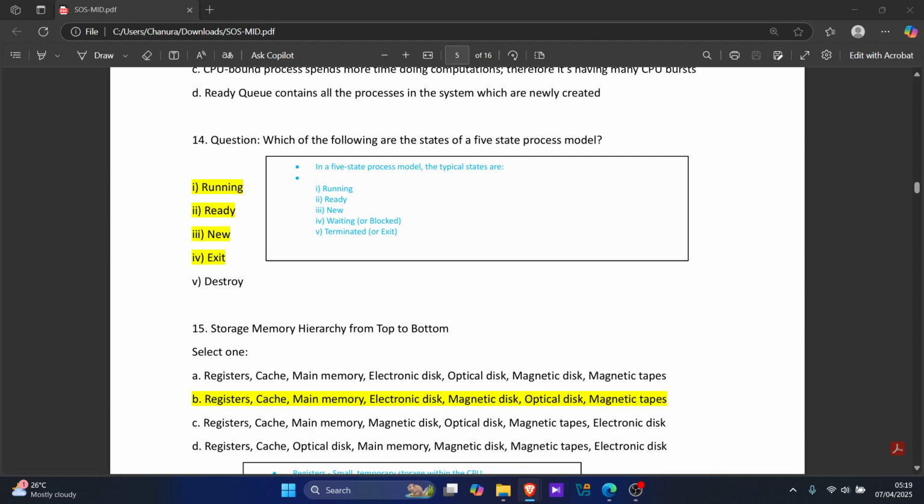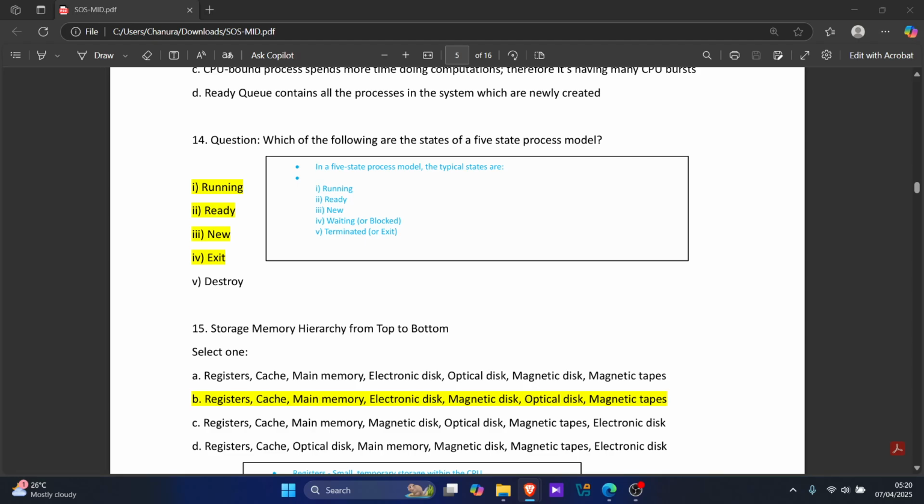Alternatively, maybe the model they are referring to is a different one. For example, in some models, the states are new, ready, running, terminated, and destroy. But that's not standard. Alternatively, maybe the 5-state model includes suspended states, but that's usually in 7-state models.